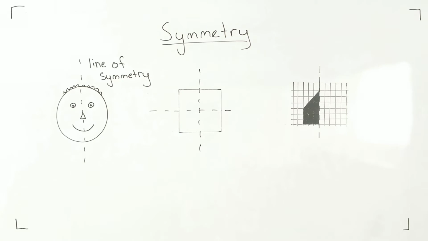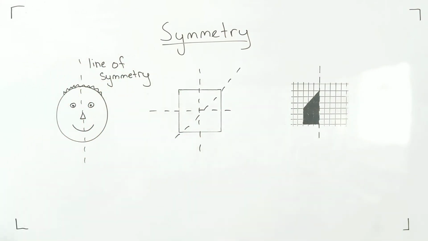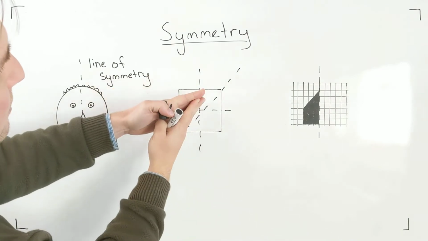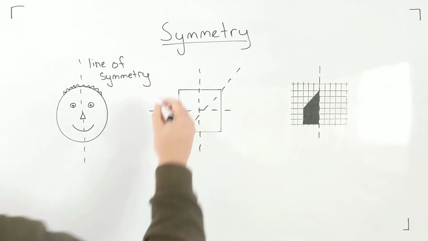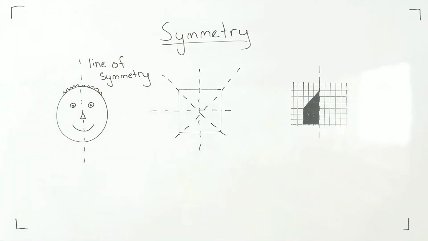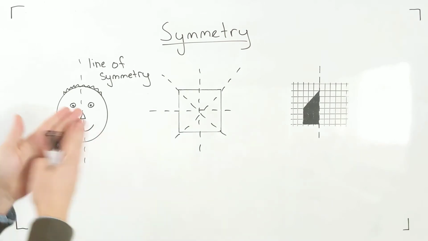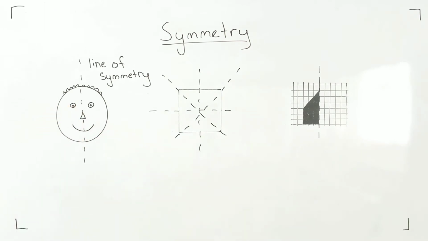I'm also noticing if I went diagonally, that would be another line of symmetry. And then this way too. So this square is symmetrical in a number of different ways. It matches and folds exactly in a number of different ways with multiple lines of symmetry.